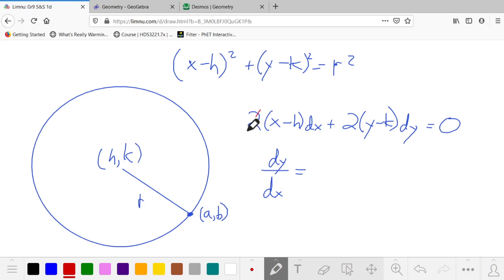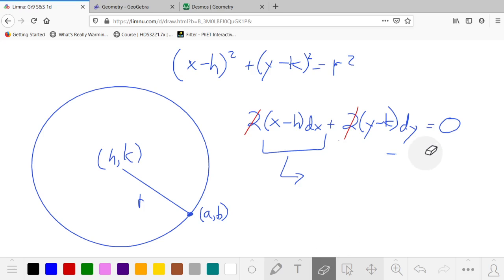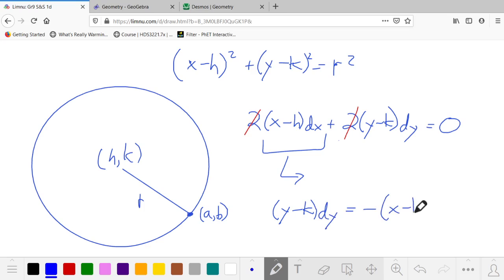If we take this expression and cancel the 2's, dy over dx is our goal. In order to get there, we can move this term to the right or this term to the right. I think it's going to be a little bit easier for us if we move the first term. So that leaves us with (y minus k) dy equals negative (x minus h) dx.